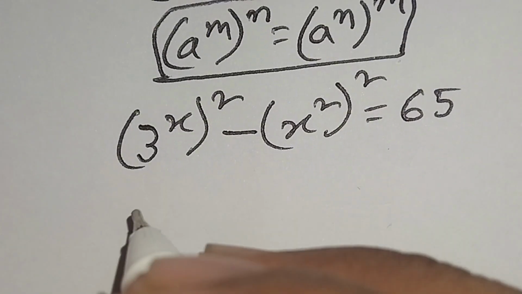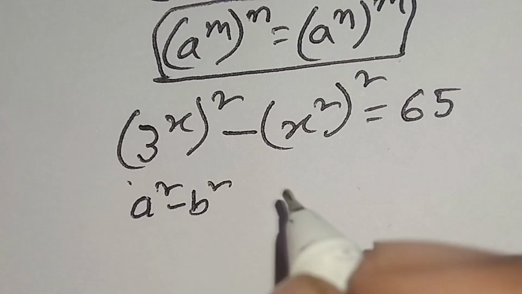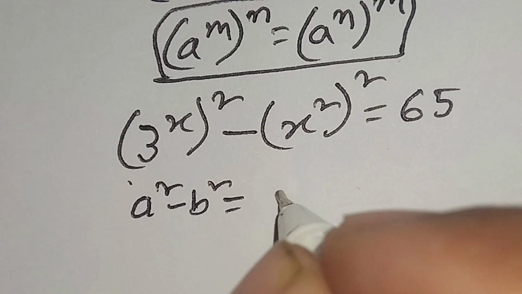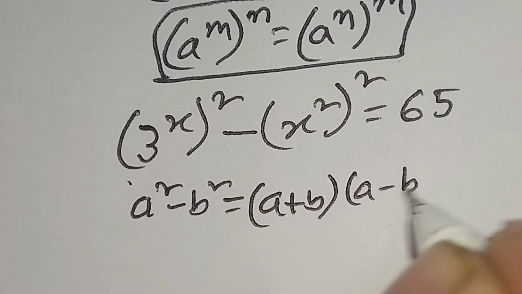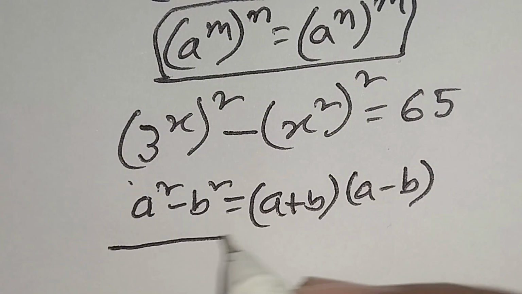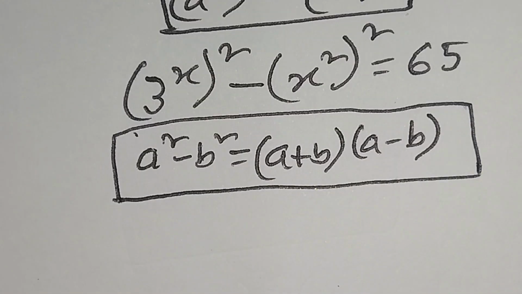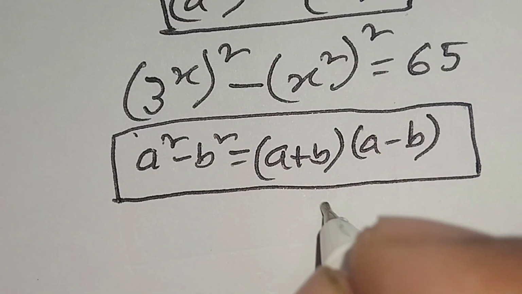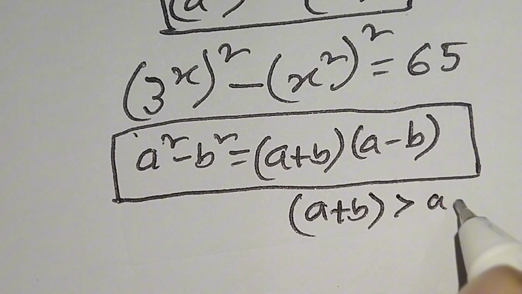We know another formula, which is a square minus b square is equal to (a plus b) times (a minus b). Here a plus b is greater than a minus b.